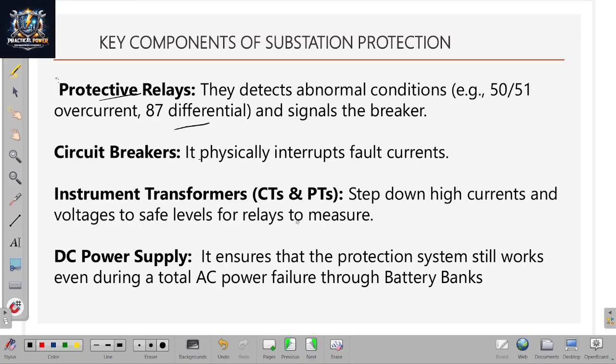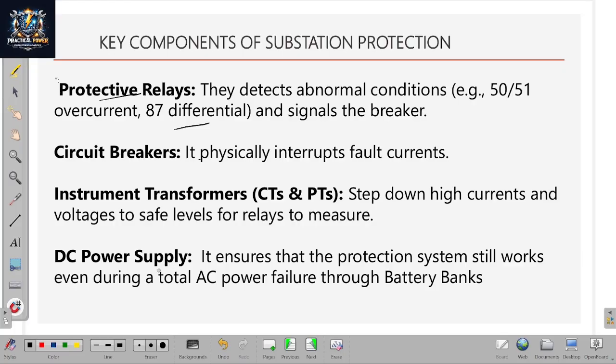So the CT and PT transformation ratios should be properly selected so that they give proper output currents for measurement as well as for the relays to operate.